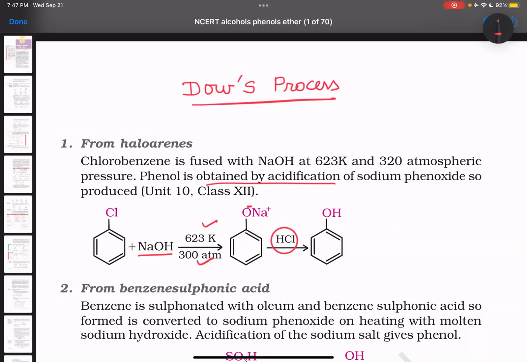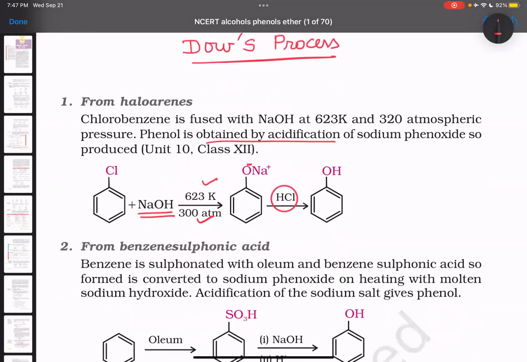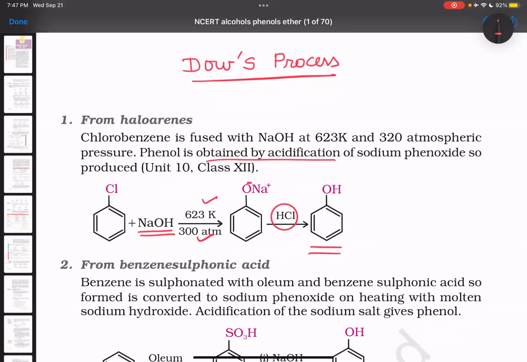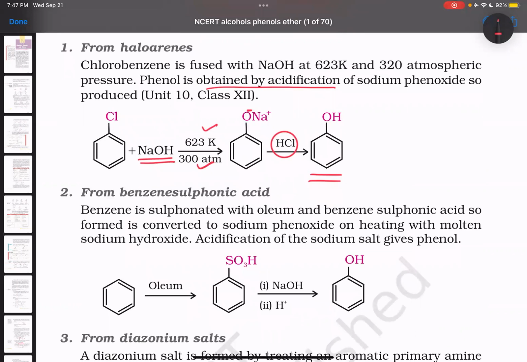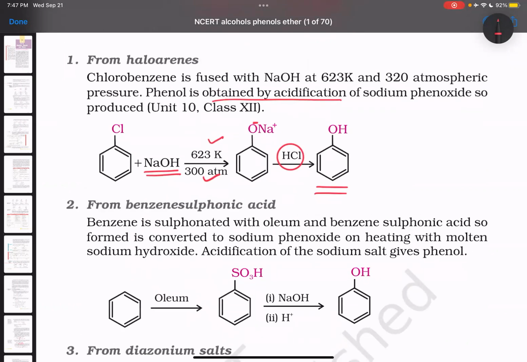In the Dow's process, you treat chlorobenzene with NaOH at very high temperature and pressure, and that gives the OH minus sufficient energy to come and remove the Cl. Is it clear? That is Dow's process. So it is just simple, but you need to take very high temperature.